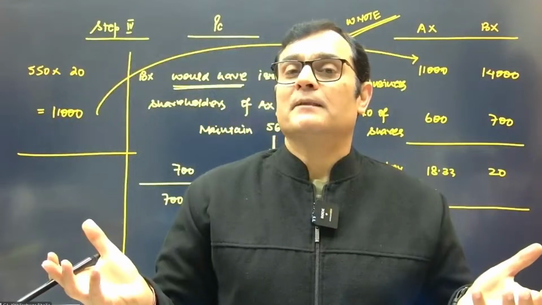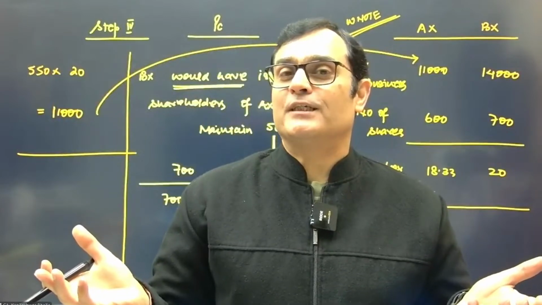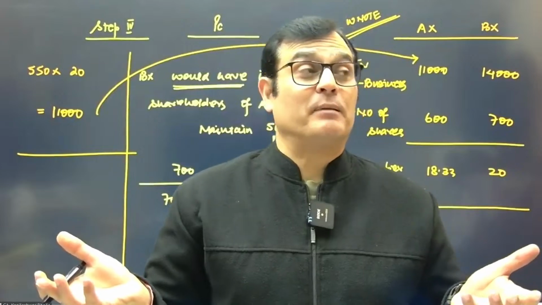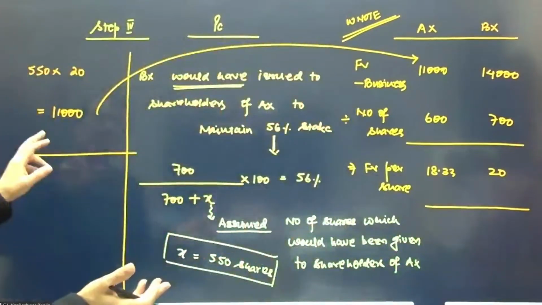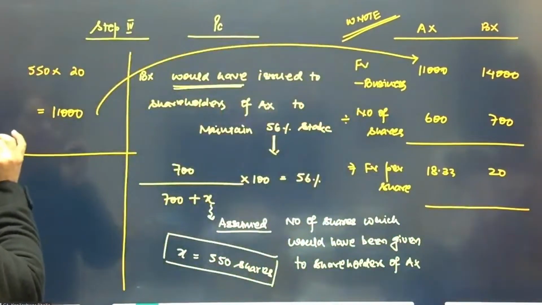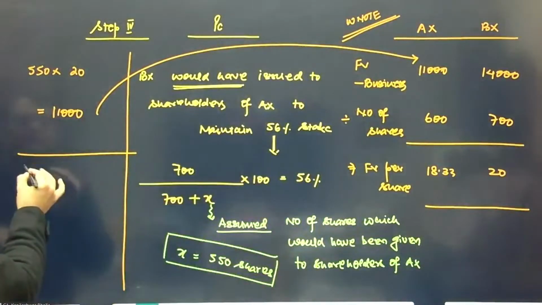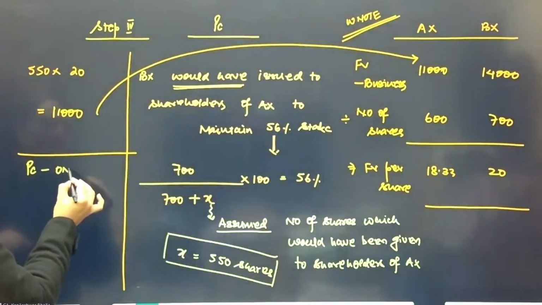At the end of the day, BX is supposed to pay AX equal to fair value, right? If the exchange ratio is based on the same parameters, then your purchase consideration has to be 11,000. Since the consideration is only in shares, the PC is in shares.